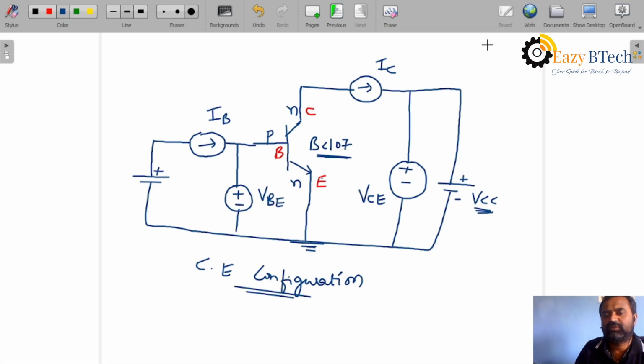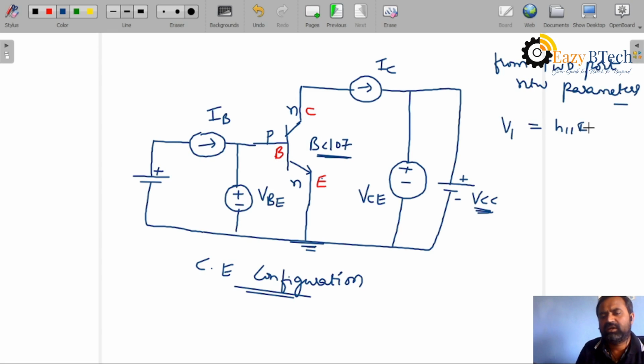We know that from two-port network parameters, we will write V1 is equal to H11 I1 plus H12 V2. I2 is equal to H21 I1 plus H22 V2.